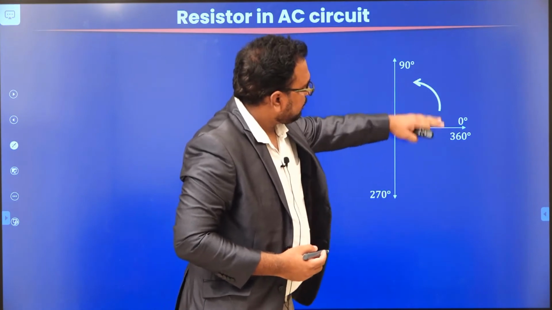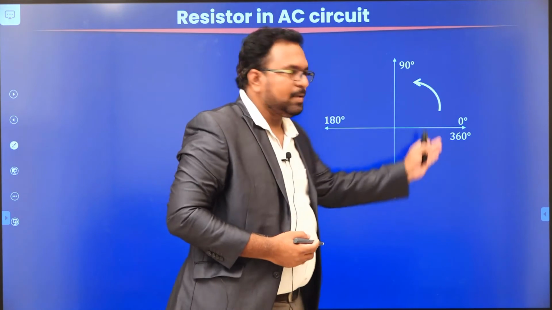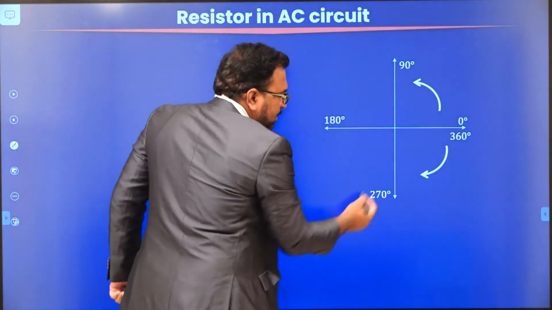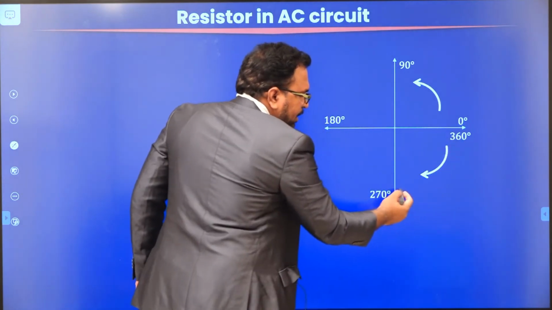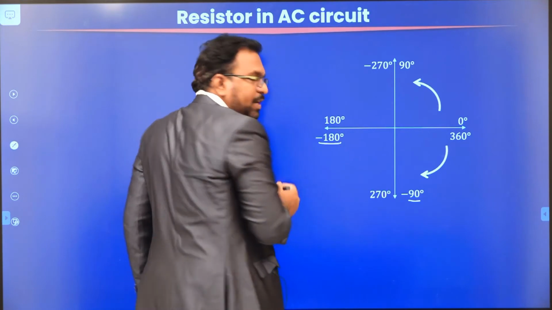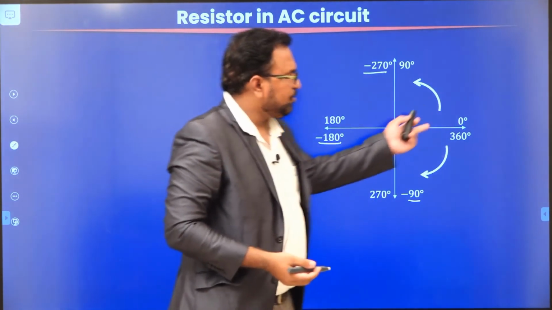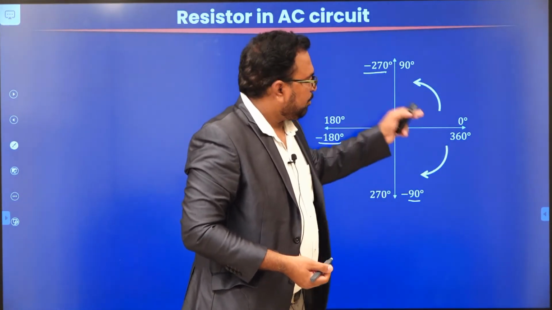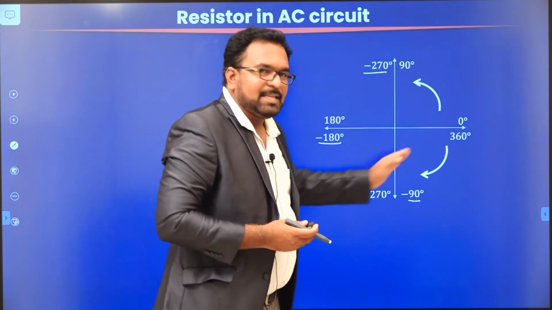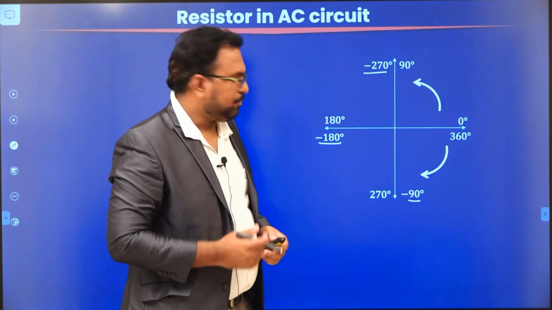After 0 you get plus 90, then plus 180, plus 270, plus 360. But if you rotate in clockwise direction, after 0 degrees you get minus 90, then minus 180, then minus 270 and minus 360. Minus 360 is 0 degrees. Please remember that. When you rotate in anti-clockwise direction, you choose the angle as positive. When you rotate in clockwise direction, you choose the angle as negative.